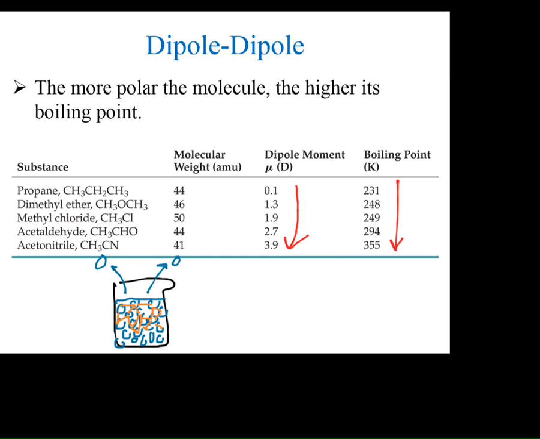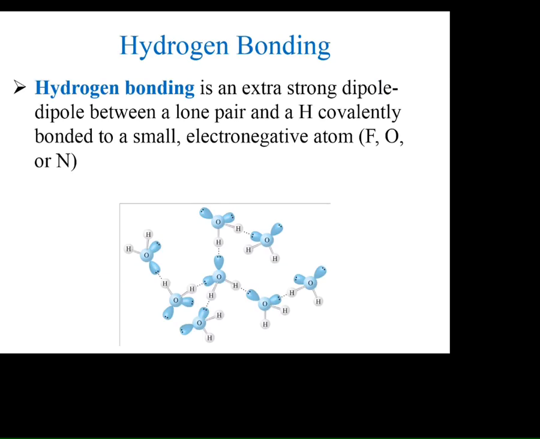Okay. The next type of force is called hydrogen bonding. It is basically just a special type of extra strong dipole-dipole. Hydrogen bonding occurs in molecules that are still polar. They still have dipole-dipole, but they have a couple of special things going for them.